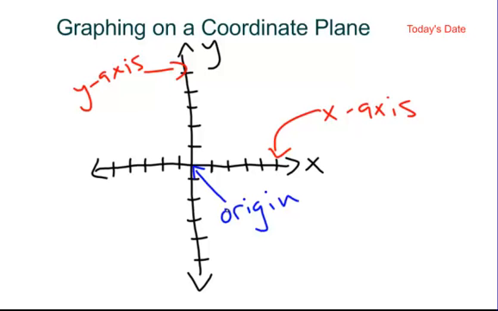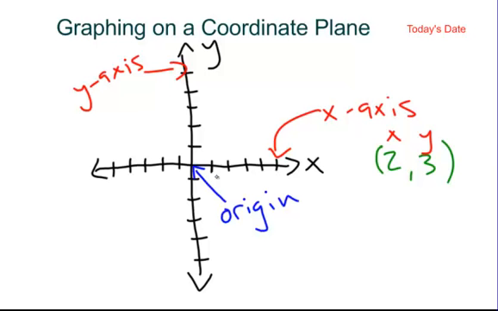For example, if we have the point 2, 3, we're going to start at our origin. Remember, the first number is our x, and our second number is our y.